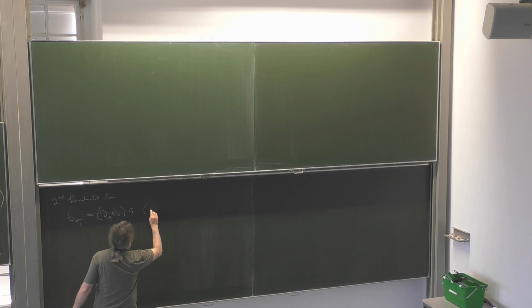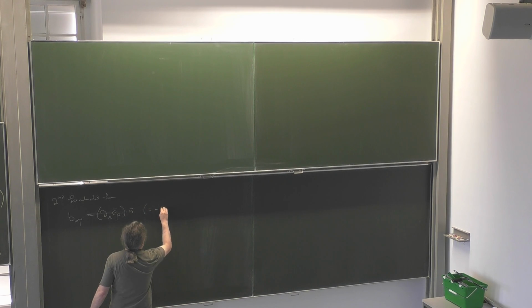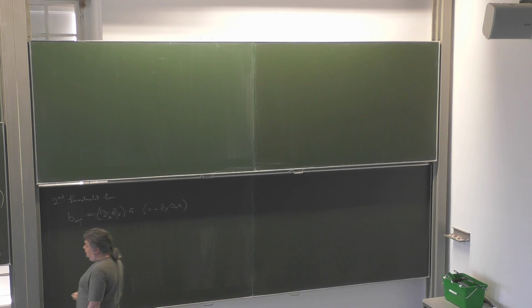But that's equal to minus e beta dot d alpha n, by this formula which we showed in here. So this is called a second fundamental form. It's a rank 2 tensor with 2 lower indices, right? So it's not a curvature yet, but it's going to become curvature in a minute.